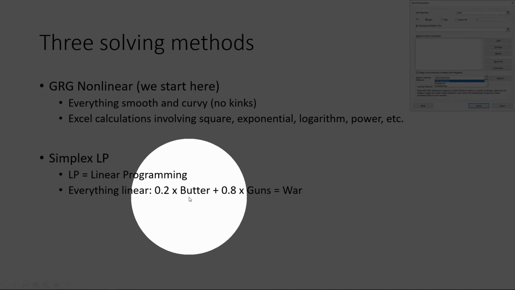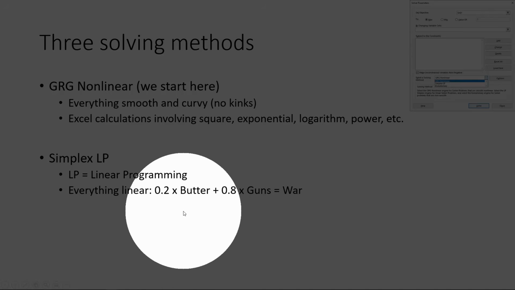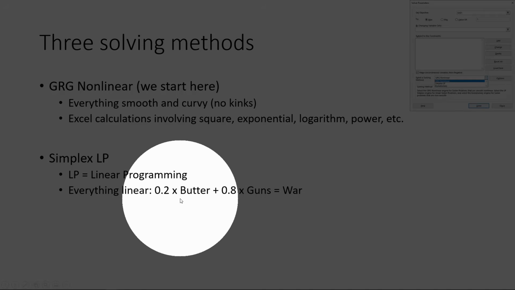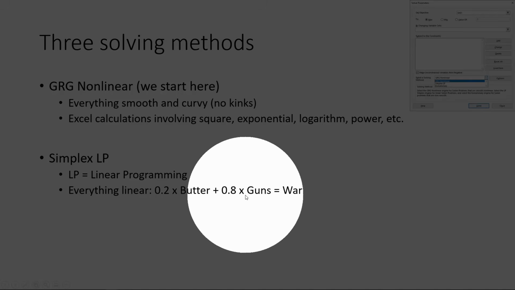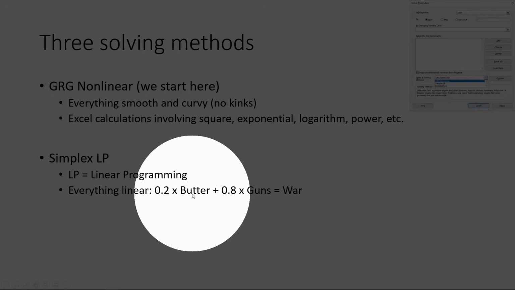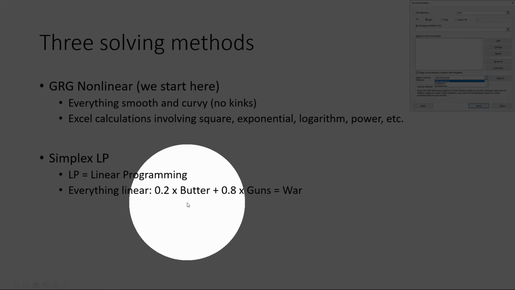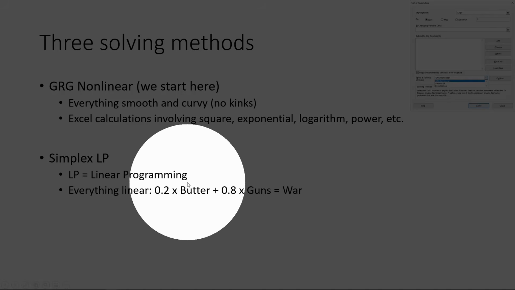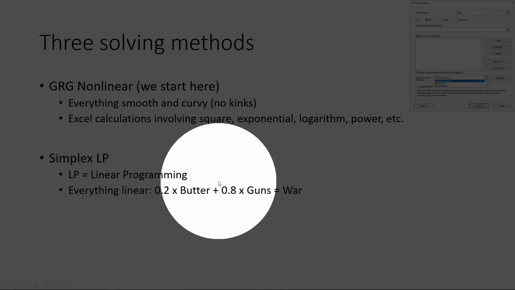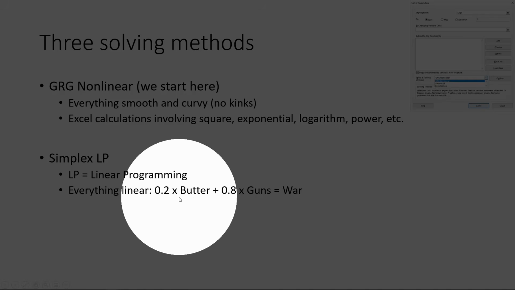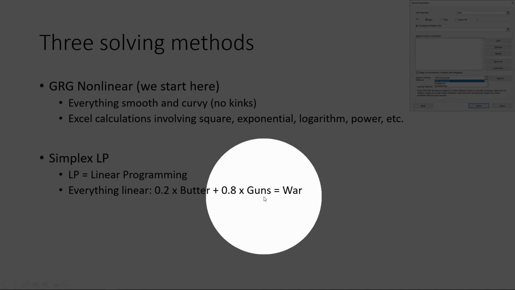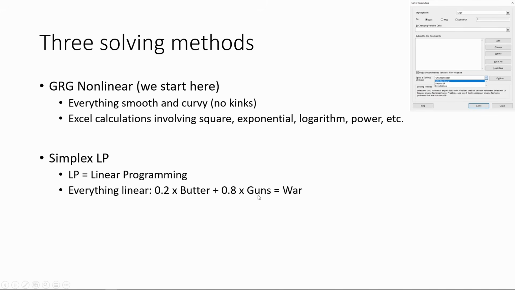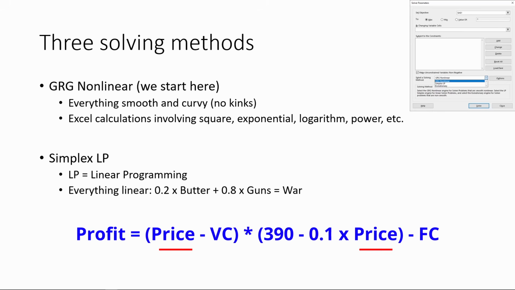When we call it a linear combination of butter and guns, what we have is that butter and guns are just in their original form. They don't multiply each other, they don't square within themselves, so you don't have butter squared. That gives us what we call a linear problem. So that's what linear programming solves. Since both profit margin and demand involve price, price actually is squared.